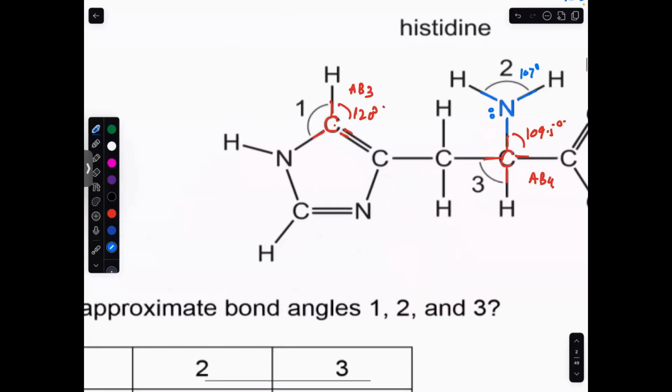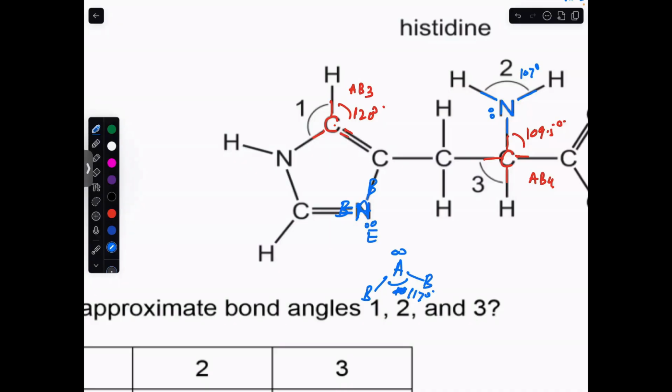Like look at this one. Group 5. 1, 2, 3, 4, 5. So what will you say? This is AB2E. So if it is AB2E, a lone pair, it's how much? It's 117.